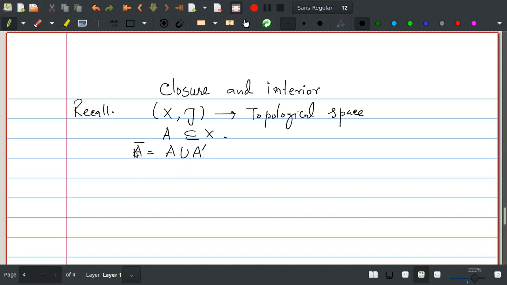We proved in the last lecture that the closure of a set is actually a closed set.